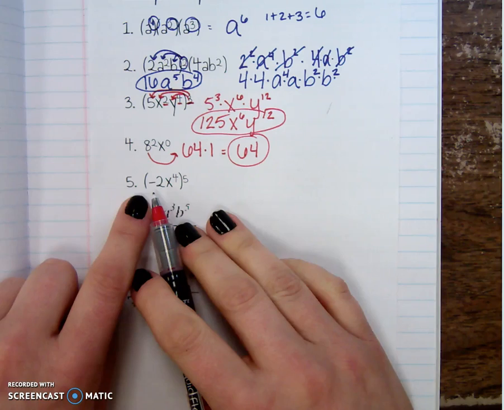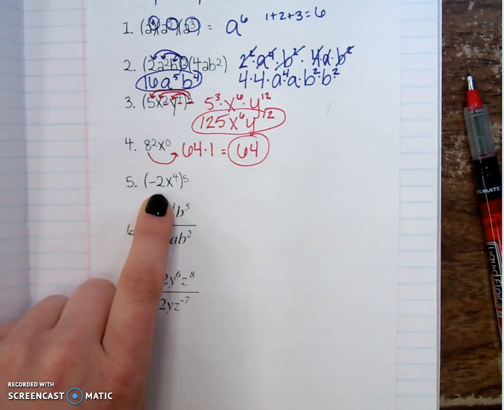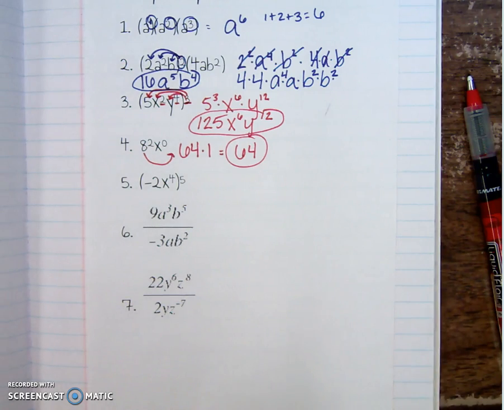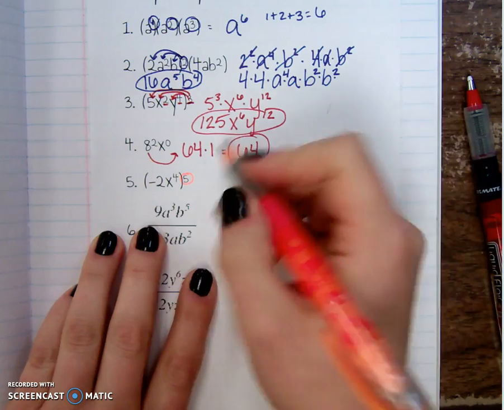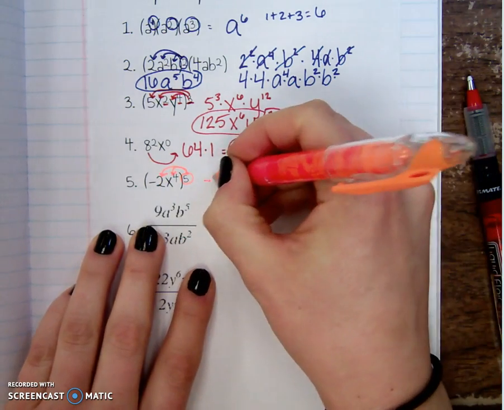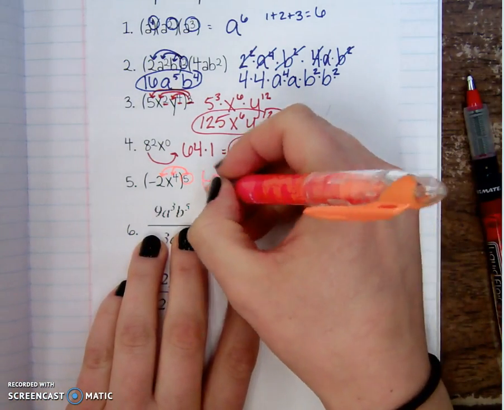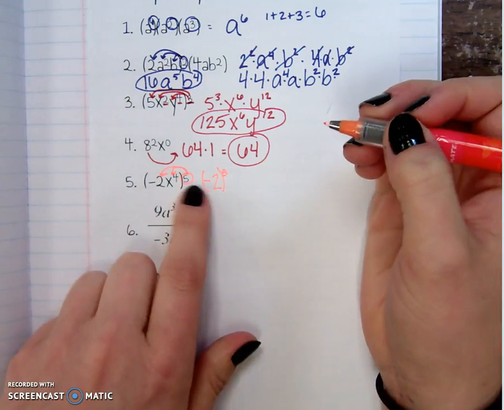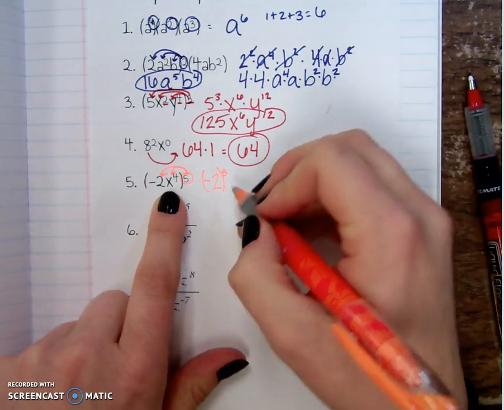All right, example 5. We have -2 times x to the 4th raised to the 5th power. Well, this 5 is going to be brought to both of those things. Rewrite it. -2 to the 5th power. And we're actually going to leave that -2 in parentheses because we need to know that the negative is going to the 5th power as well.